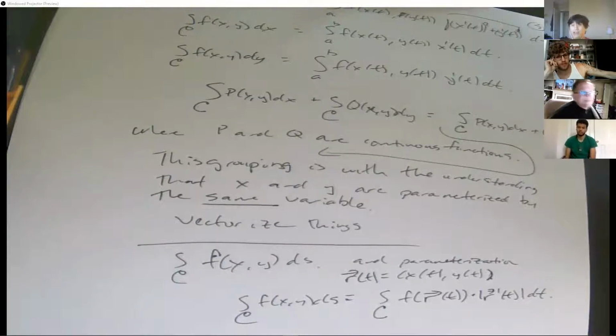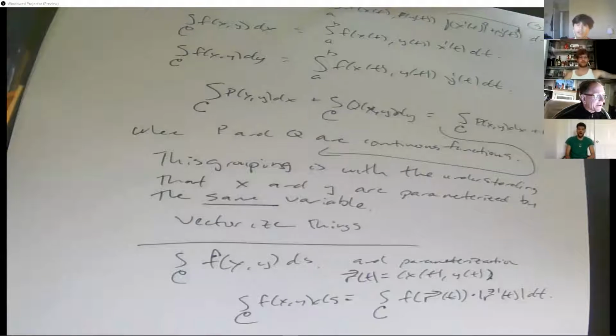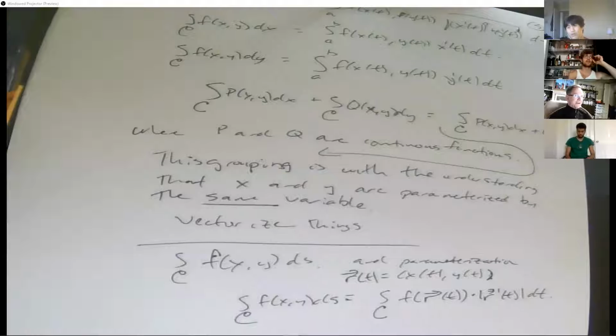Ampere's law and Faraday's law do use line integrals, but they use line integrals because they use Green's theorem. So we'll talk about Ampere's law and Faraday's law after Green's theorem. Maxwell's equations will come after the divergence theorem, divergence and curl. Those things use line integrals, but only because Green's theorem uses line integrals.